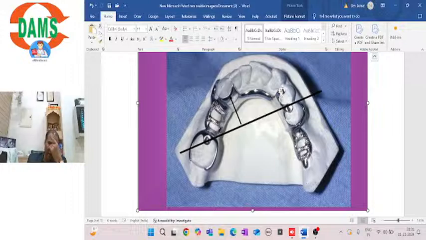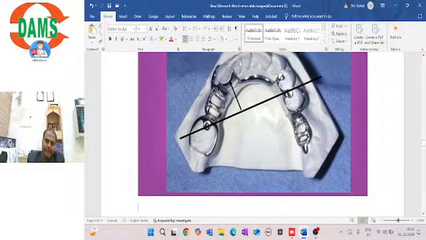So if we want the load to come in between, what we do is add an indirect retainer as far anteriorly as possible, so as to convert the fulcrum line to the anterior portion, right? So indirect retention is mainly given in cases of distal extension cases or in tissue supported RPDs.